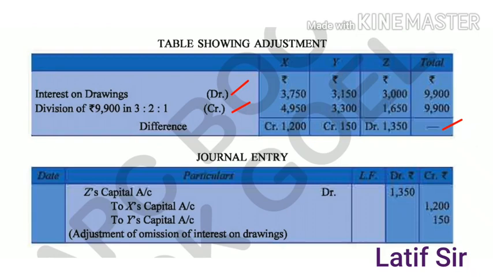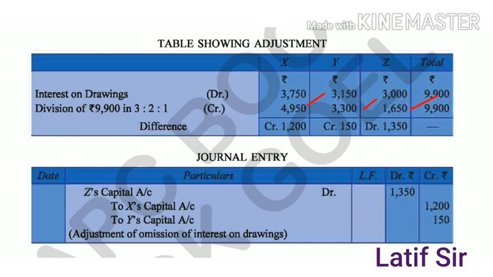So 9,900 you will be crediting as profit in the profit sharing ratio, which is 3:2:1. If you divide 9,900 in 3:2:1, then X will get 4,950 credit, Y will get 3,300 credit, Z will get 1,650 credit.